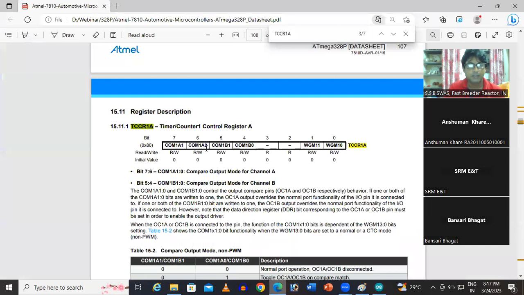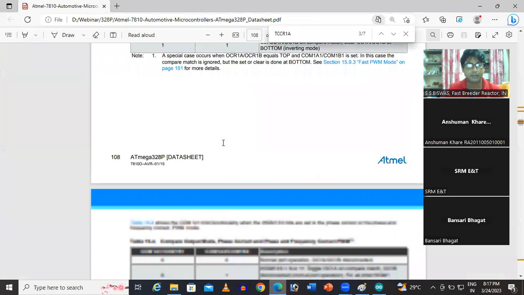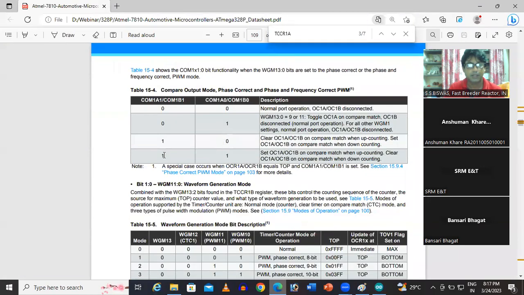That means the 7th and 6th bits are 11. What is it significant? You can see here, this is the PWM mode, and I have used the phase correct PWM mode. We will elaborate it.